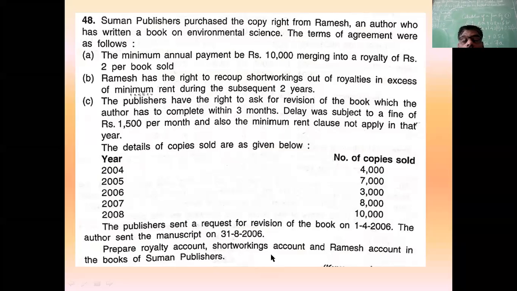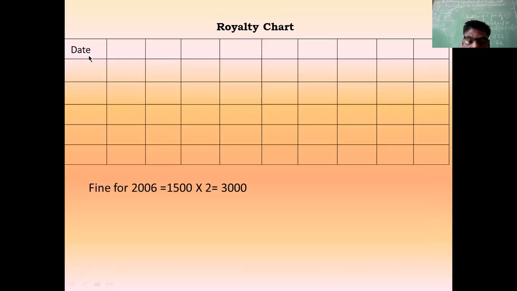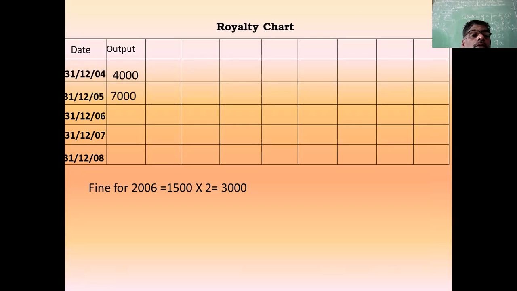Then royalty account, short working account, Ramesh account in the books of Suman publisher. Publisher means lessee. In the books of lessee, they asked to prepare the accounts. You see the table. Royalty chart: date, year and dates. 5 years is the period. And next is output. Output means books sold: 4,000, 7,000, 3,000, 8,000, 10,000.